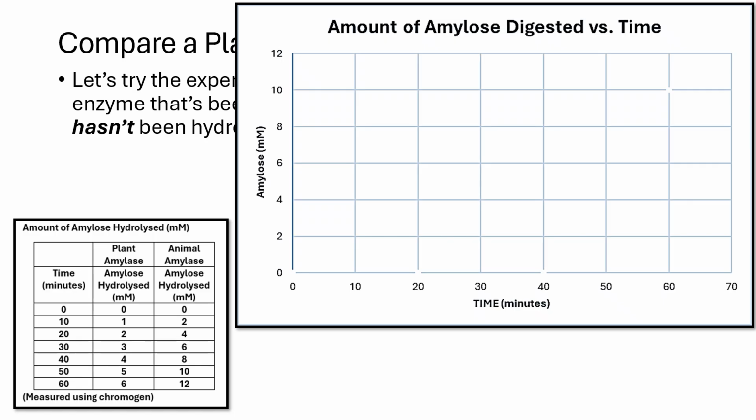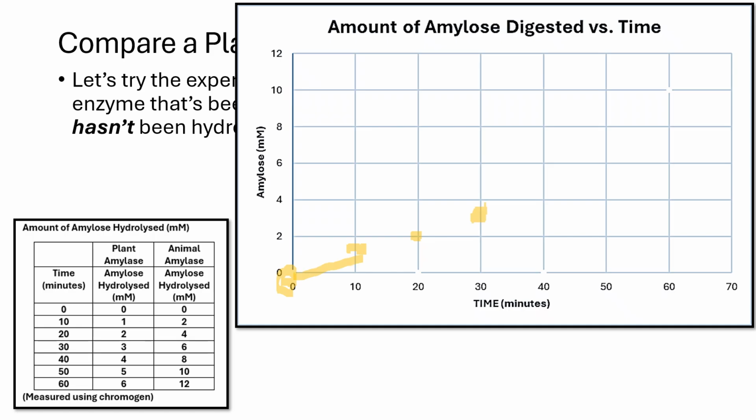So at 0 minutes, 0 millimoles of the amylose has been digested, has been hydrolyzed. At 10 minutes, 1 millimolar. At 20 minutes, 2 millimolar. At 30 minutes, 3 millimolar. Right?